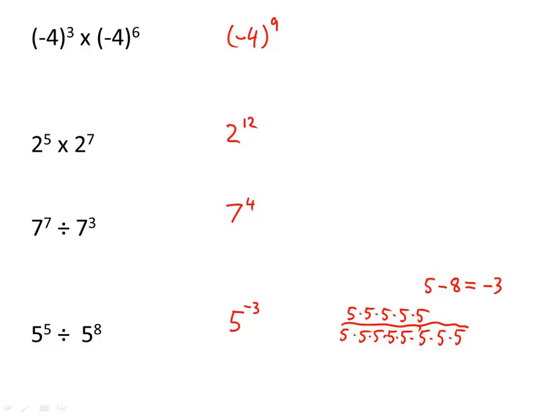And just like before in the previous slide, we're going to cancel some of these things out. And we're left with 3 left over, but they're on the bottom. So this is going to be like 1 over 5 to the power of 3. Or instead of writing this, we can just simply write 5 to the -3. Okay, same kind of thing.